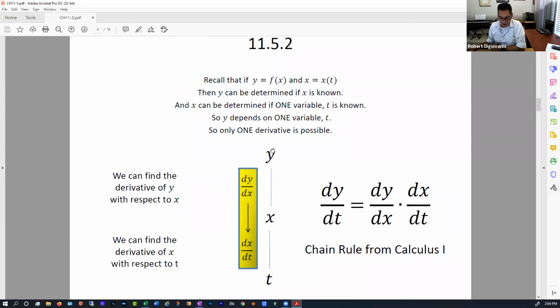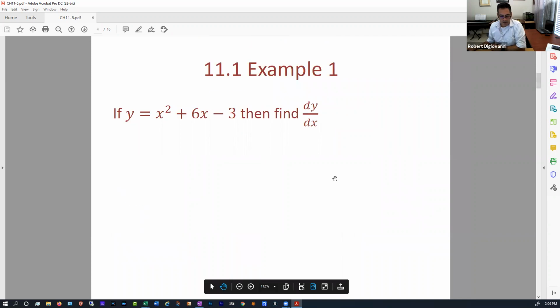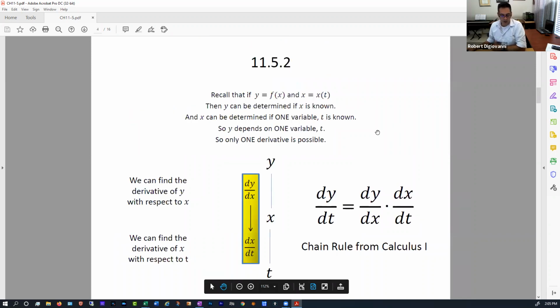I need to zoom out of this. Where's my zoom? There it is. What if instead y is some function of x, but then that x is some function of t. So y depends on x, but then x depends on t. So in order to know what y is, you have to know what t is, right?